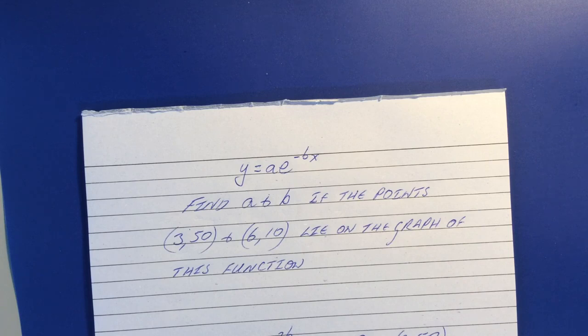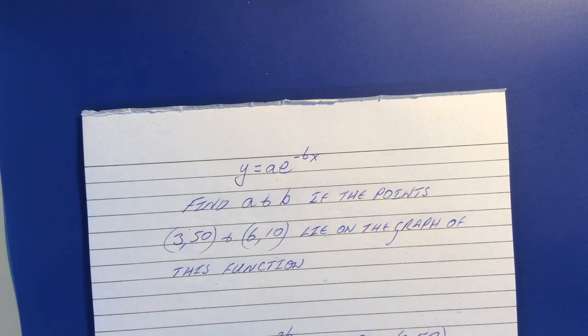Generally speaking, when you're given a function with some pronumerals in it that you have to find, a basic technique is to use simultaneous equations, and essentially that's what we're going to do to find b.